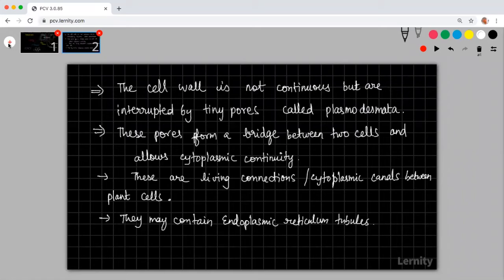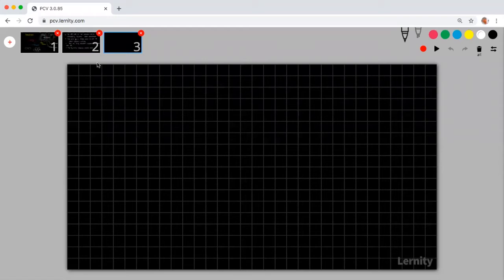Okay. So now the next thing you need to know is that in plants you have something called symplasm and apoplasm. Let us say that plant cells are associated like this.